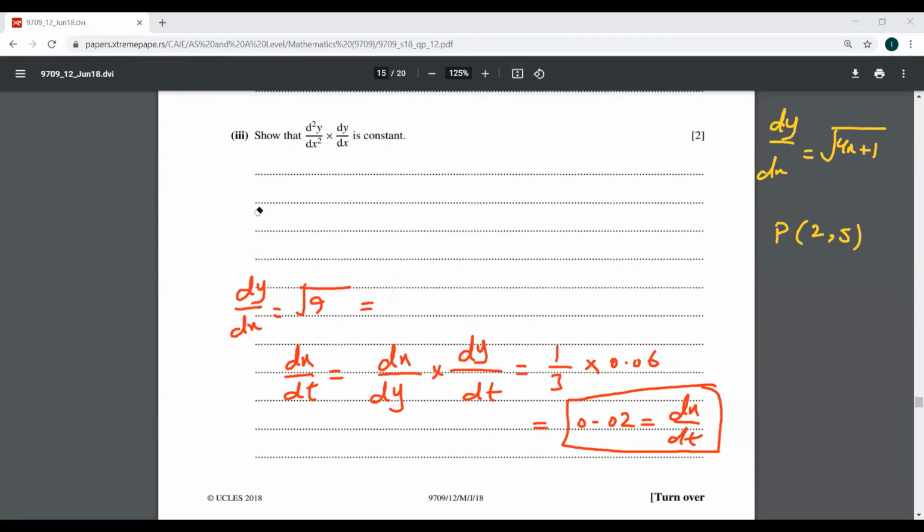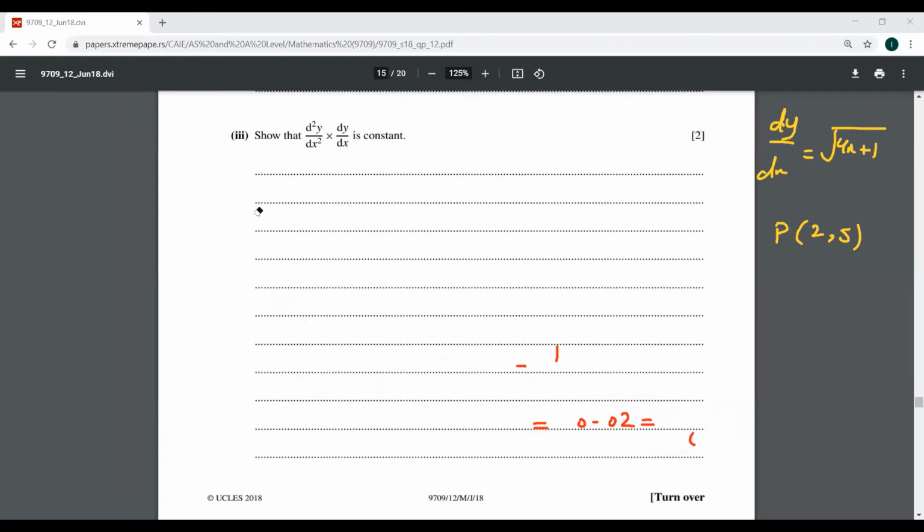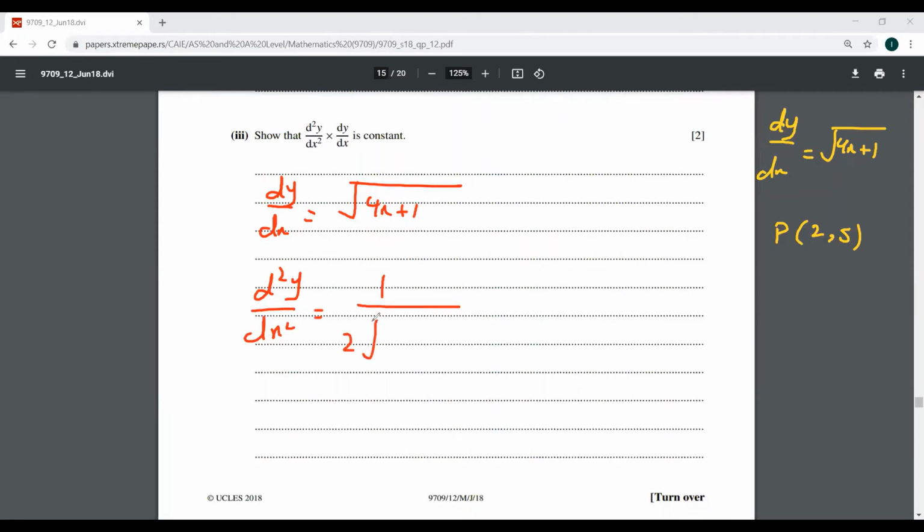Okay. So let's do that. But for this, we need to have the d2y by dx squared. So if you differentiate this once again, which is already differentiated, you will get the second derivative. So this is 1 over 2 under root 4x plus 1 times 4 over here.